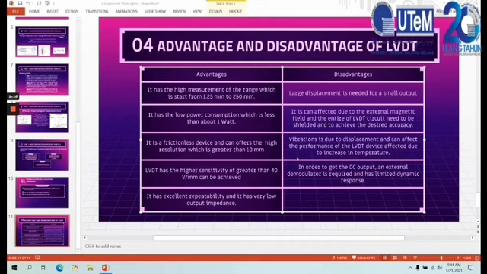Third, the disadvantage of LVDT is vibrations. Vibration is due to displacement and can affect the performance of the LVDT device due to an increase in temperature.